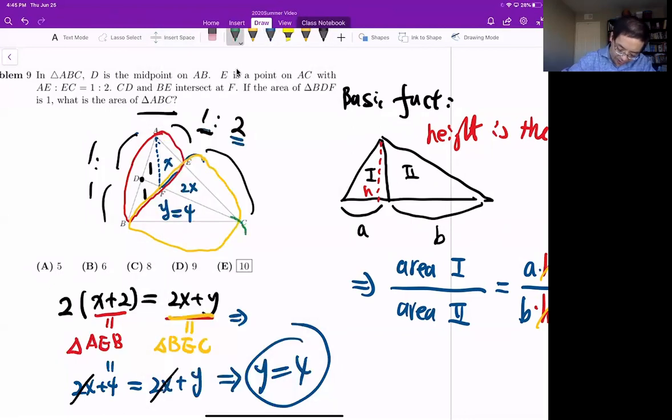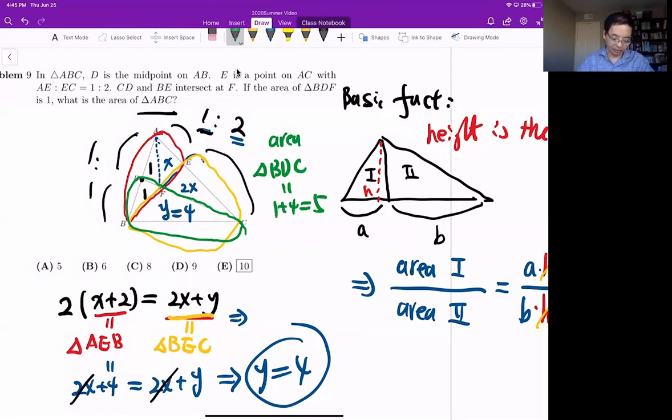Let's look at this triangle, BDC. So the area of this will be 1 plus 4 equals to 5, right? And then look, this is 1, 1, right?